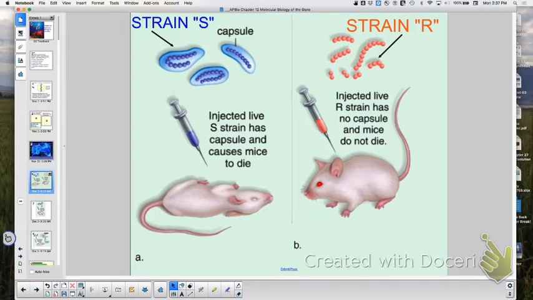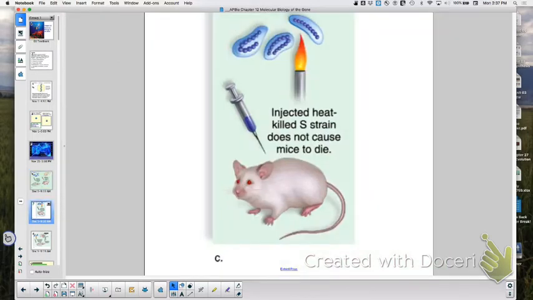That was repeated again and again. But then he would take the S strain, heat it up in a test tube, inject it into the mice, and the mice would live, because something happened to the ability of those S strain to survive.